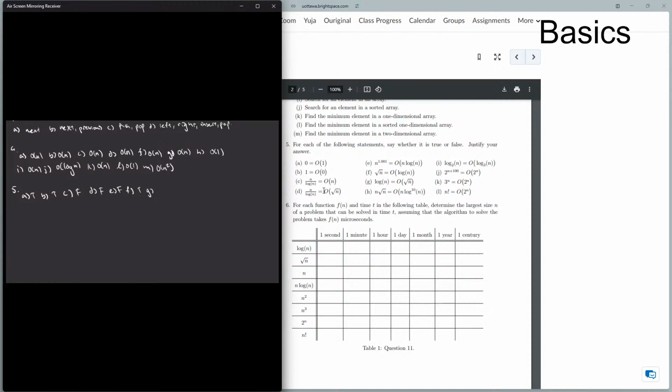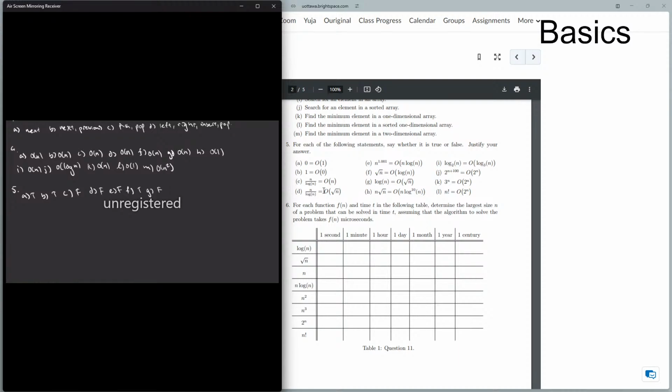G is... Okay, which one's bigger, log n or root n? I'm pretty sure log n is bigger, so this would be false. H, n times root n. And then what was the conclusion we drew earlier? Log n is bigger than root n.